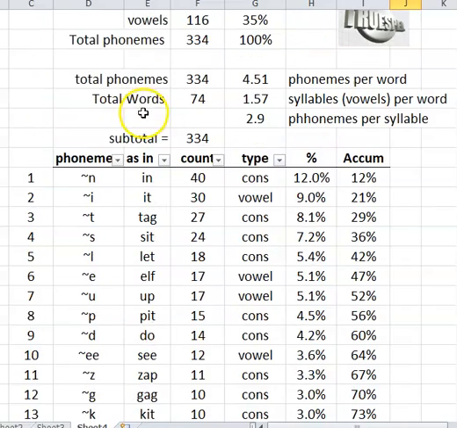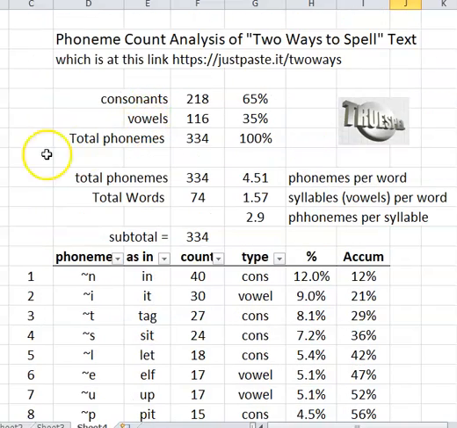So those are the sample words, and that is the data analysis. From this small sample, you can see some phonemes are more popular than others. Truespel is easy to use in spreadsheets, and from that large database, that link, if you go there, there are a lot more phoneme analyses in Truespel.